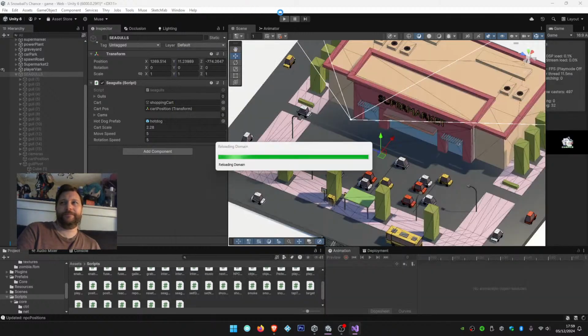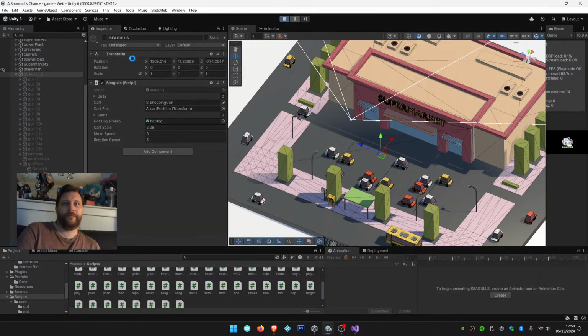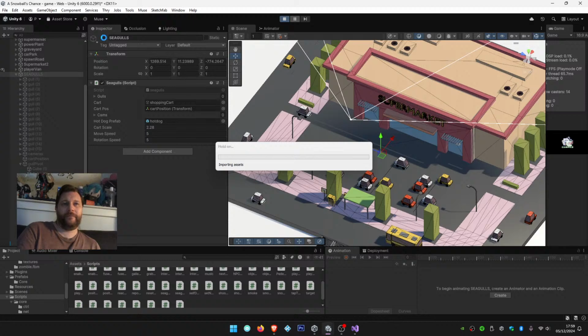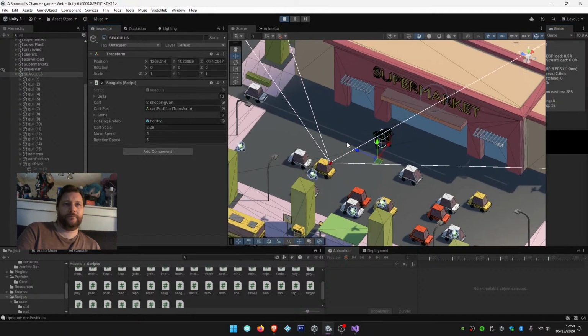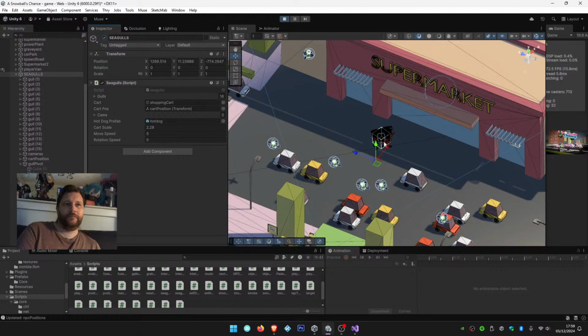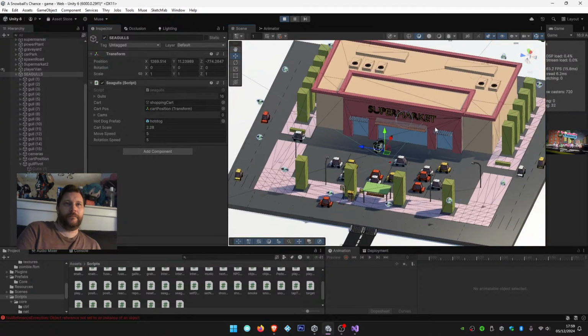Let's try that. Yeah, so they then teleport to their position.